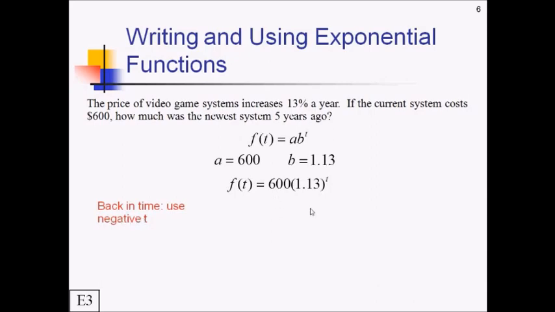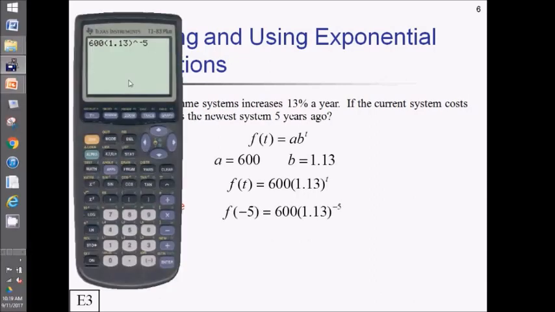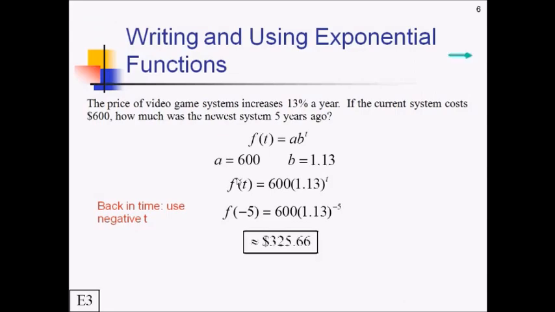So this is going to be 600 times 1.13 to the negative 5 power, which we will now plug in the calculator. And that's going to come out to $325.66 approximately. And going back in time, hopefully the video game systems do cost less, at least, if you go back in time. So there we have it.